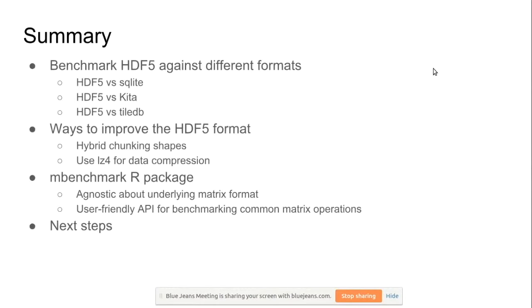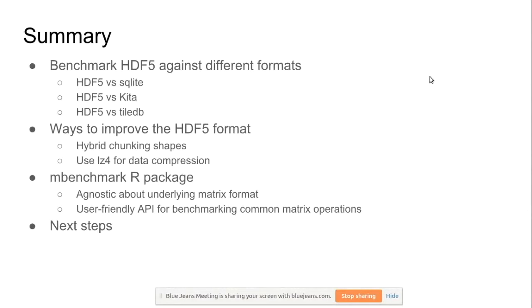So basically, we benchmark H5 against the conventional database like SQLite, and also cloud-based HSDS, which is now branded as Kita. It has nothing to do with the H5 library, but it's the cloud-based distributed storage.